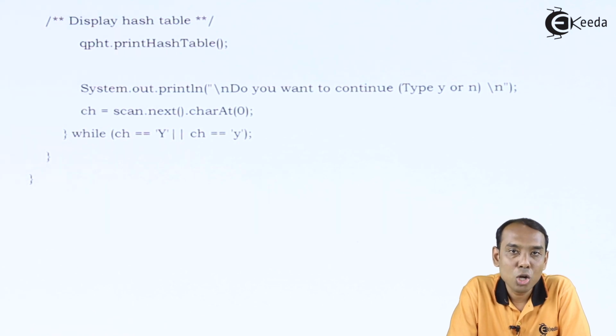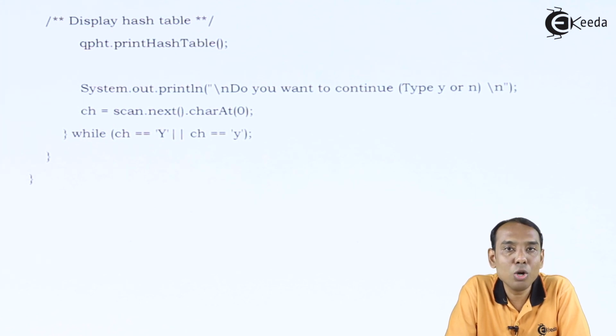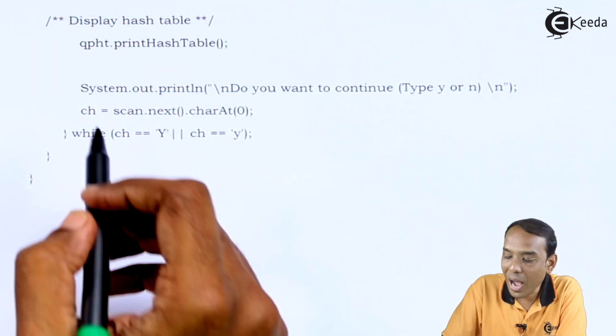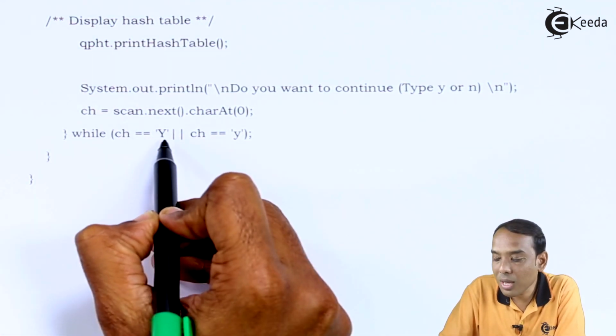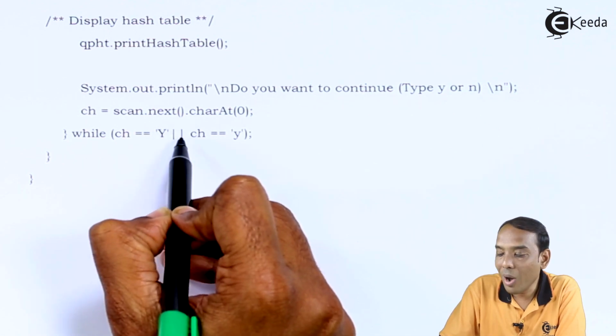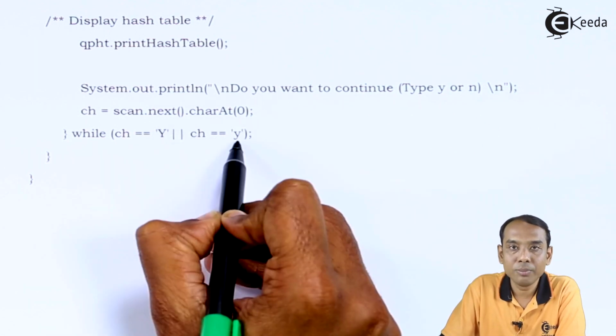Once this is done, you must remember we have used the do while loop. I have already discussed what we mean by the do condition, and we have defined the set of operations the user can perform. Now we will write down the condition for while. We have while ch equal to capital Y or while ch equal to small y.